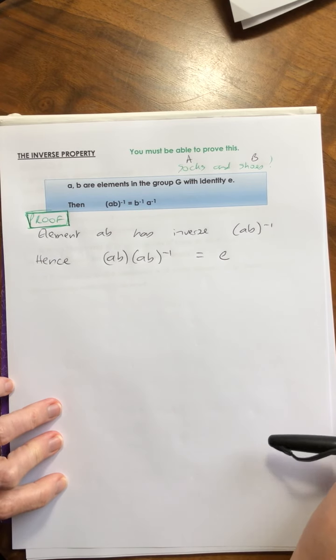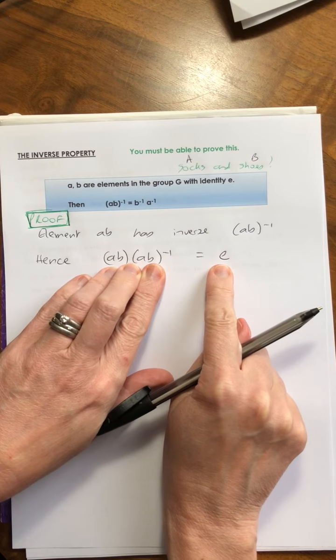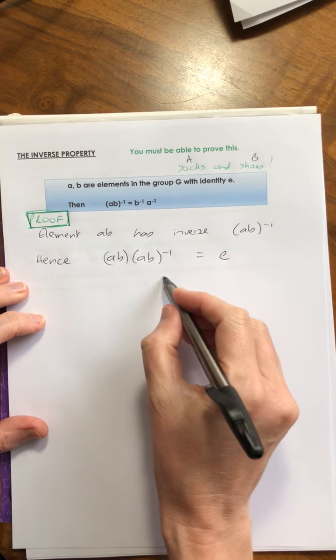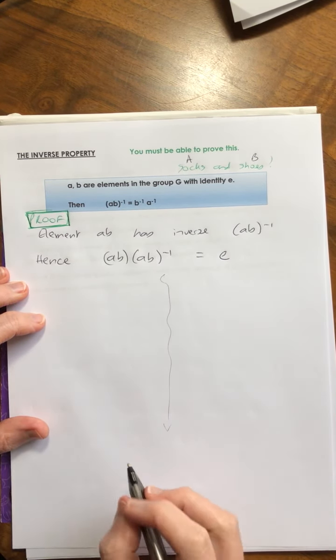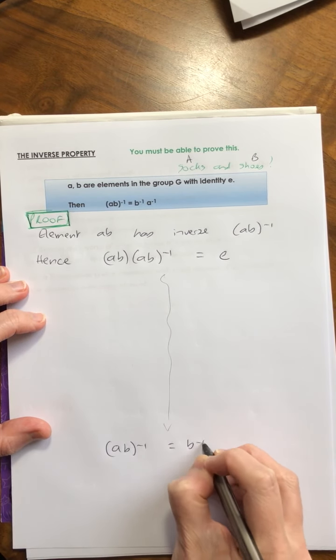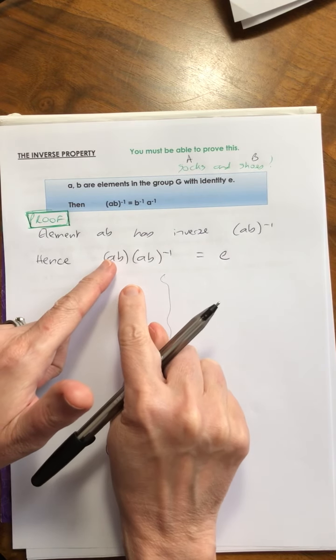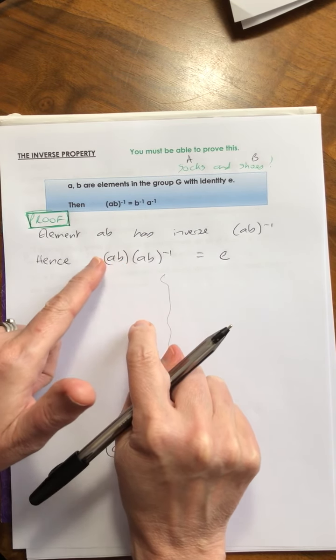So what I want to try and do is to change this statement into this statement here. You can imagine we go through all the stuff and at the very end we want to get to AB inverse equals B inverse A inverse. So what we have to do is get rid of these two elements here.